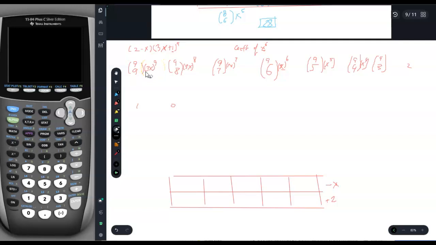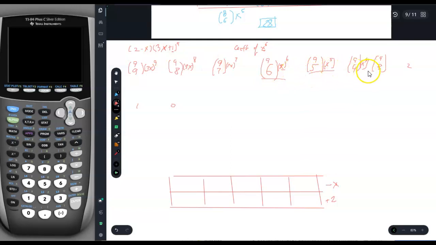So we know that this is too big, so ignore this one. x to the 8th, that's also way too big already. x to the 7th, already too big. x to the 6th, okay, this one has some chance, right? x to the 5th. This one has some chance because if you multiply x to the 5th times x, then it would be x to the 6th, right?